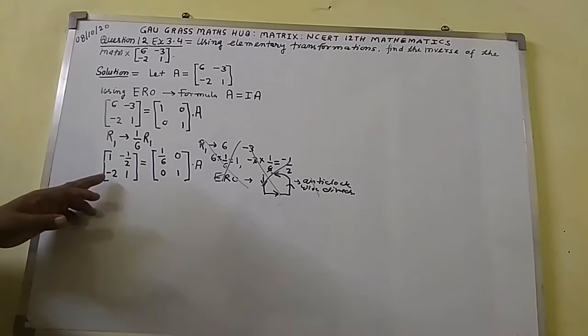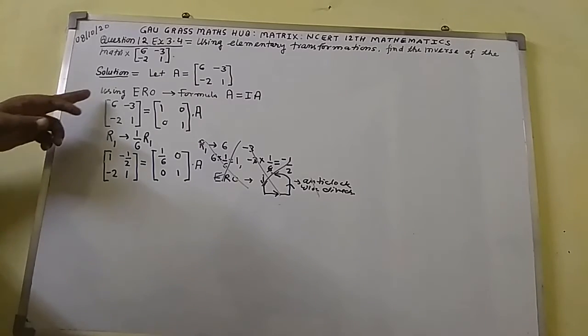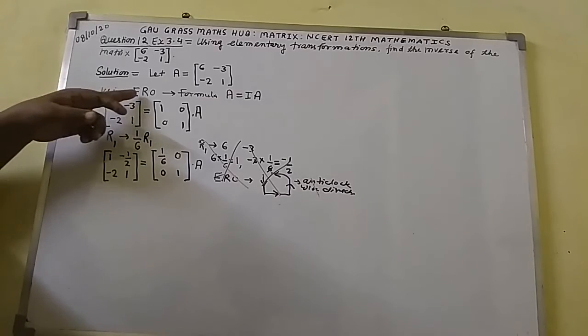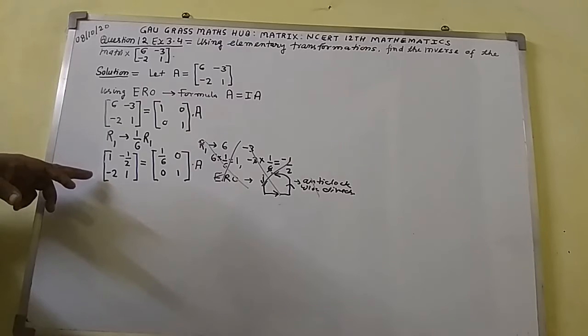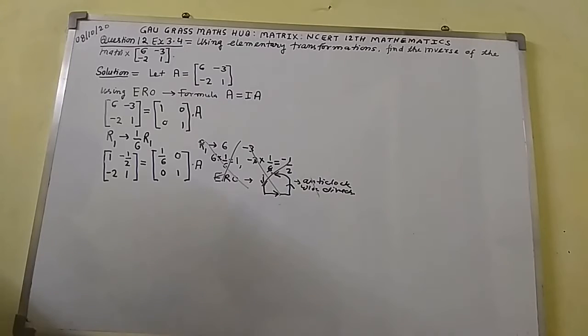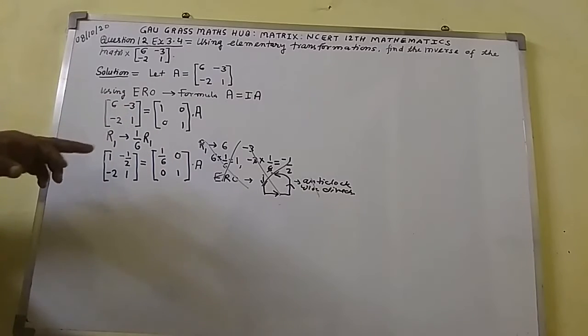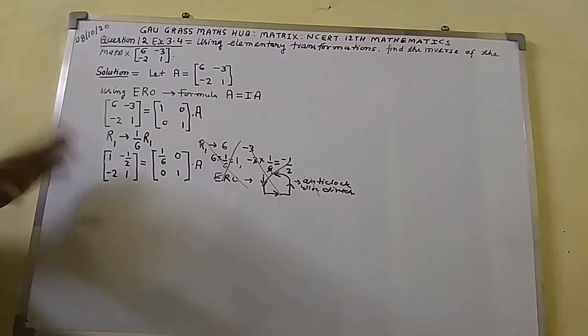In order to make -2 here as 0, I shall apply row property. In elementary row operation, all properties will be applied as row property, not column property. We shall apply only row property. For elementary row operation, all properties will be related to row only, not for column.